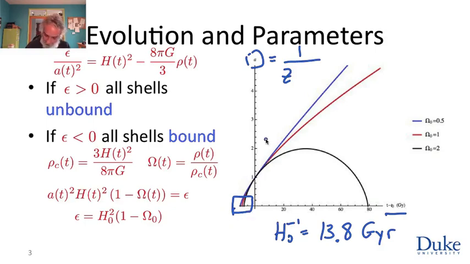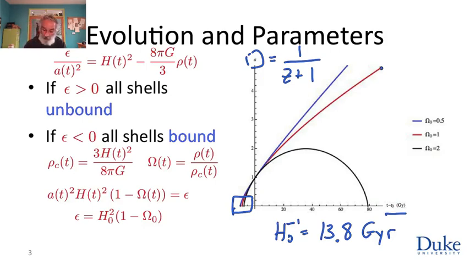I'm now focusing on the left side of this graph, as a is 1 over 1 plus z. And if I know the time at which I had a particular scale factor, I know the time at which I had a particular redshift, from which I see a particular redshift. And if I know the time, then multiplying by c, I know the distance. So reading this graph sideways gives me the redshift distance relationship in the blue, the black, the red universe.